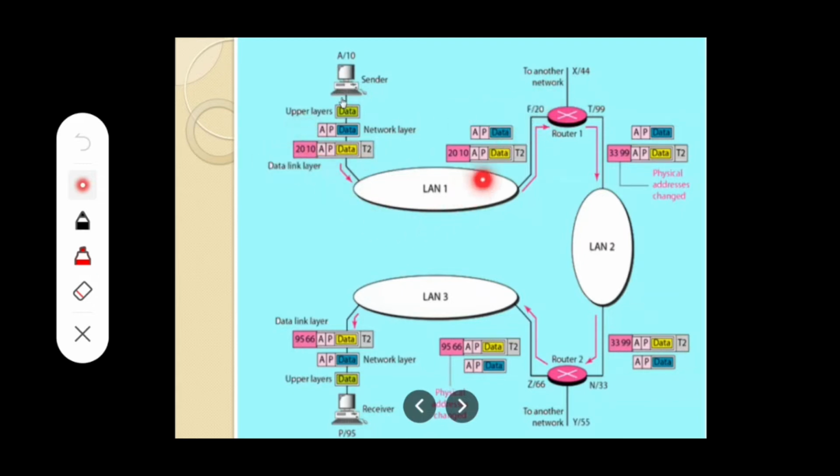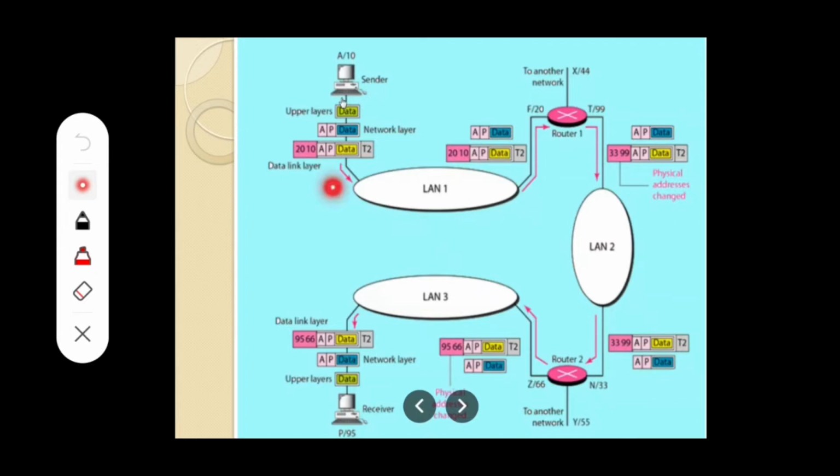This packet will reach this router, to this interface. This router will have different interfaces, and each of these interfaces will have a different MAC address. For this interface, the IP address is F and the MAC address is 20. For this interface, the IP address is T and the MAC address is 99.